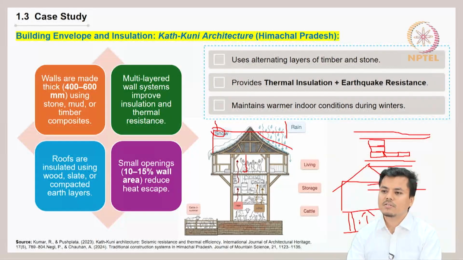So the heat generated from these cattle helps in keeping the space above warm during the winter season. These are followed in extreme climatic regions, and you see these houses very commonly in high altitude areas of Arunachal Pradesh and Nagaland. These are common design houses over there.